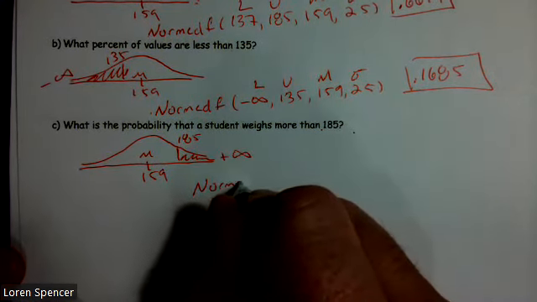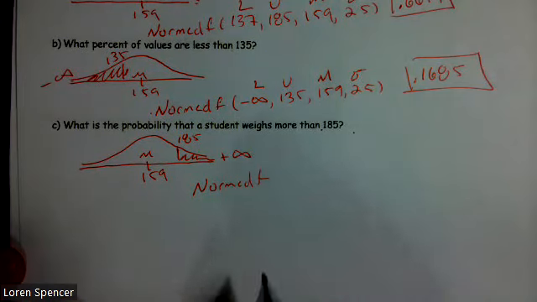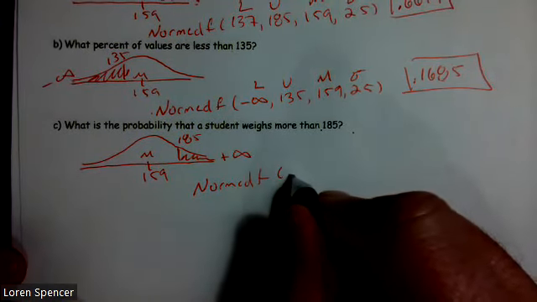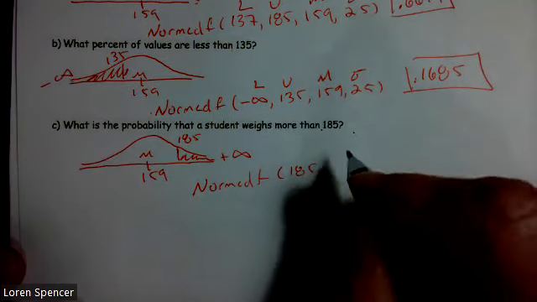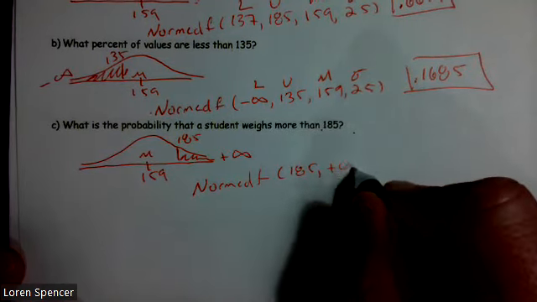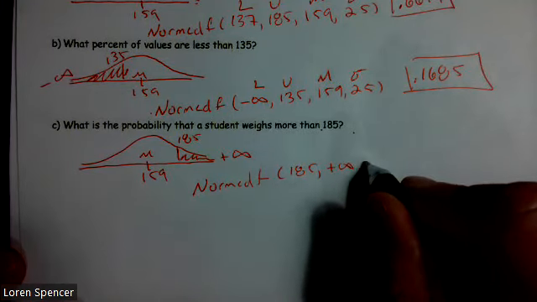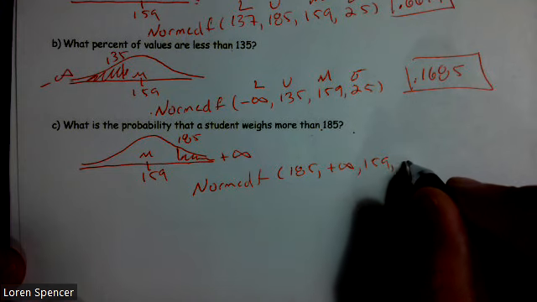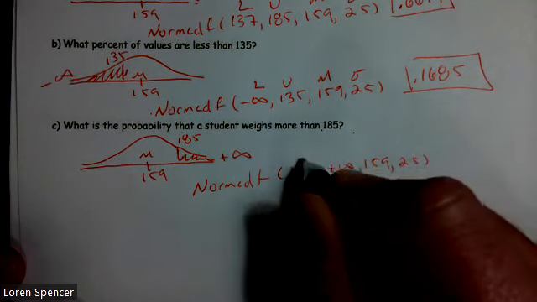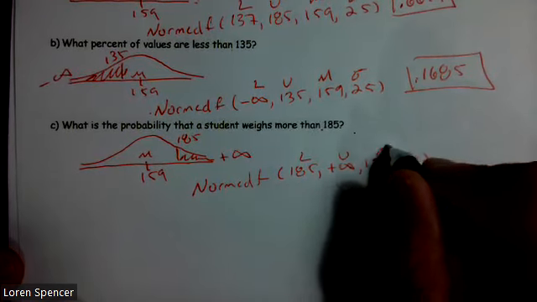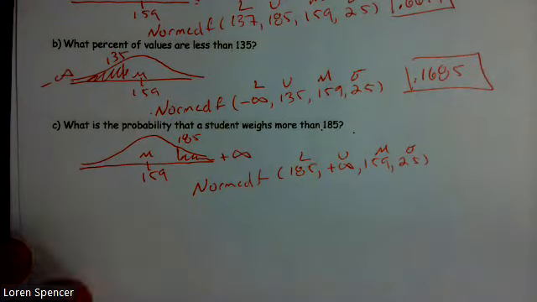Norm CDF. Lower is 185, upper, positive infinity. Mean, 159, standard deviation of 25. Lower, upper, mean, standard deviation.